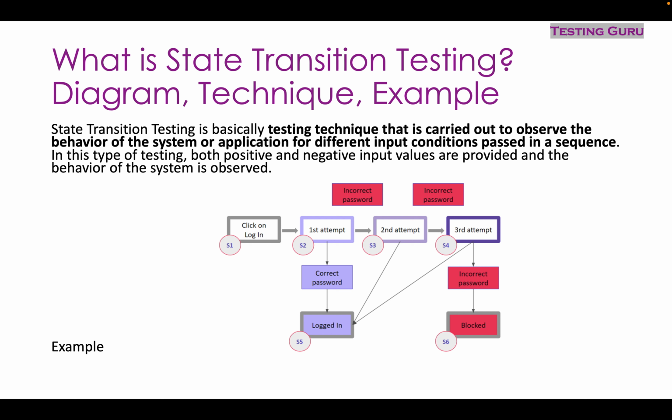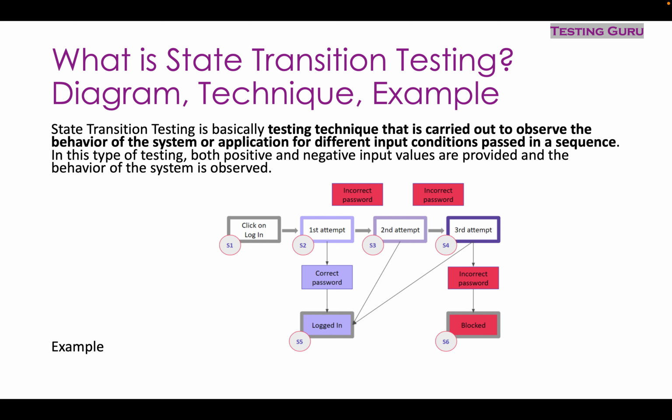That's the reason they provide 3 attempts, and these are the different transition states. In the third attempt, if he provides the correct username and password, then he will get logged in. But if he gives a wrong username or password, the application or the system will get blocked.